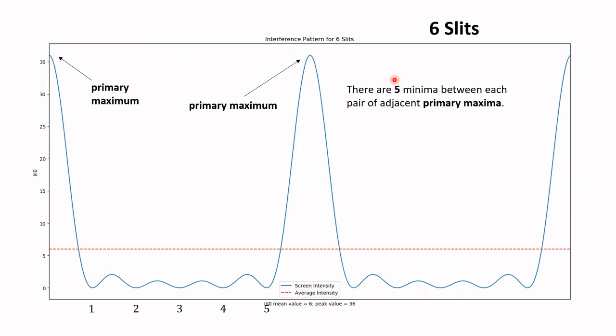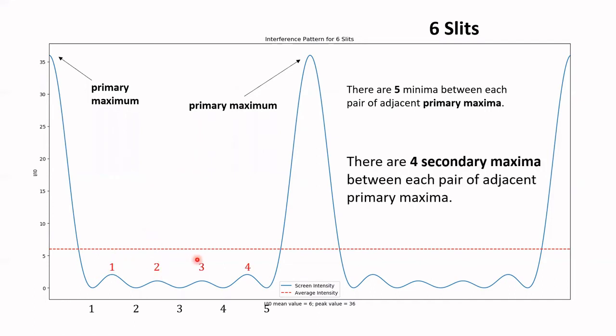I don't even know why I put primary maximum because I think we just call them maxima. Okay, fine. Primary maximum because we've got these additional maxima, these little baby miniature maxima down here, which we will call secondary maxima. So the primary maxima are what we call the bright fringes.